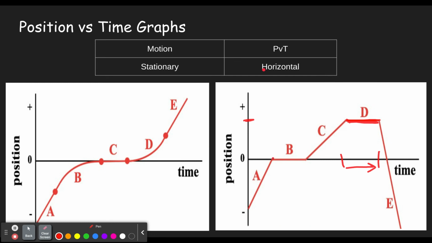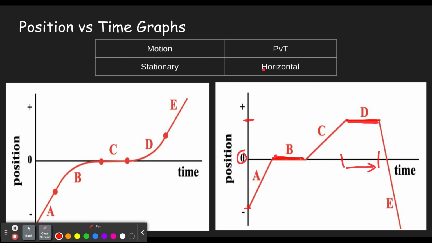Same thing with B. It's at the starting point. By the way, this calls 0 the starting point. Oh, no, I take that back. Starting point is where it starts here. Okay, I think that's what they meant. So B is at 0. So at position 0, it stays there the whole time. That is stationary. It's not moving.